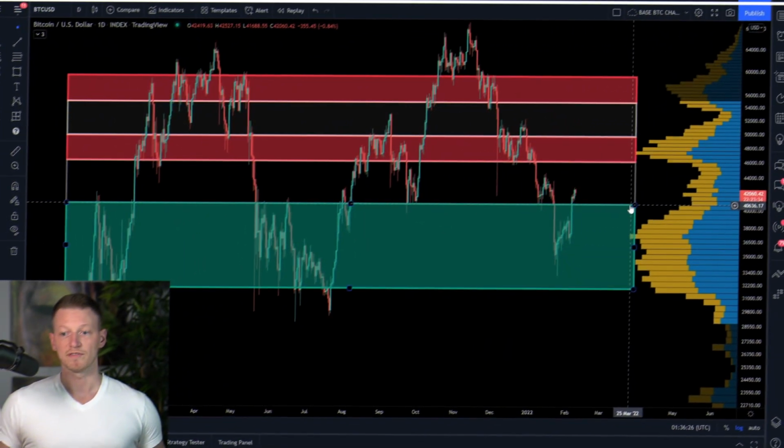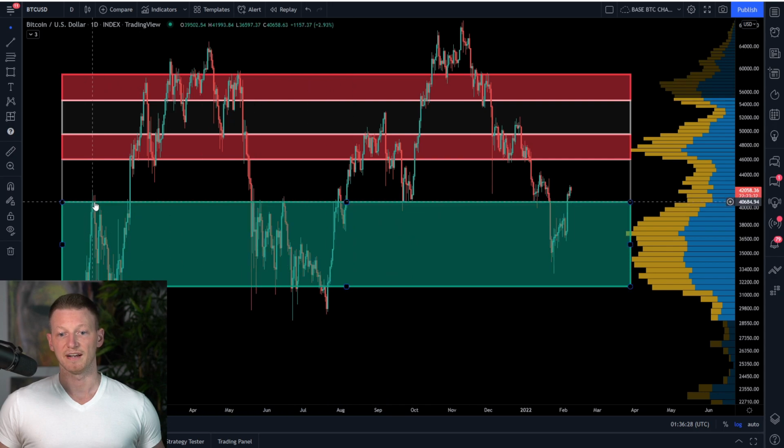So roughly this is an area where we have a higher volume node from this level all the way down to 31,000. As I have it drawn, it's $40,600 all the way down to around $32,000.